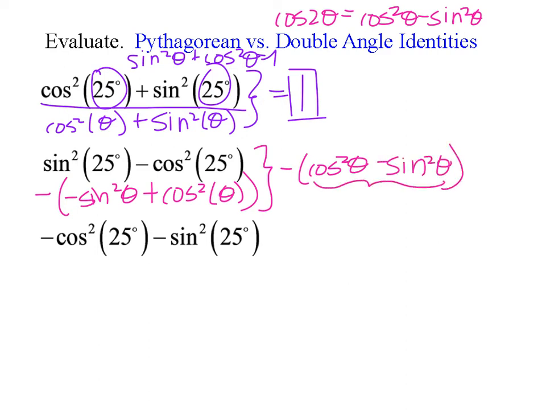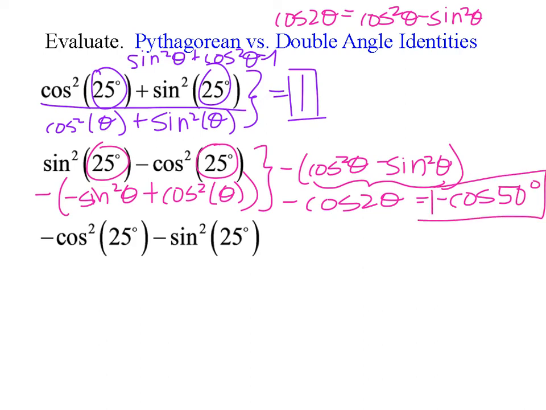And if you look, that cosine squared theta minus sine squared theta is your double angle identity for cosine. And in this case, theta is 25. So this is equal to negative cosine of 50 degrees.